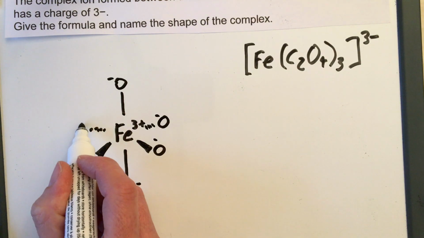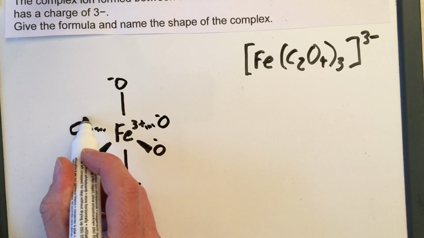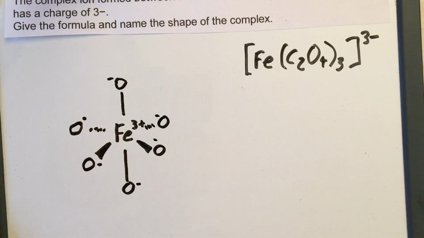So then the next job, once you've got the bonds drawn in, is to put in the atoms that bond to the transition metal. If you've got just monodentate ions that form one bond, then you can just draw in the rest of the atoms in the molecule or ion to finish the ligand. In this case, we've got a bidentate ligand.